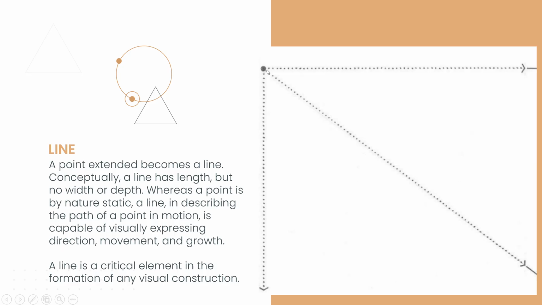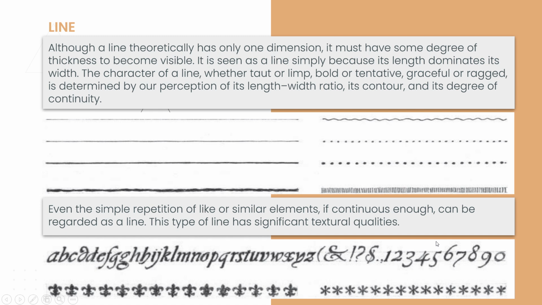So now, you have a point here. If we project the point in any direction, like vertical, horizontal, or diagonal, you create a line. So although a line theoretically has only one dimension, it must have some degree of thickness to become visible. So although a line doesn't have a width, it has a thickness.